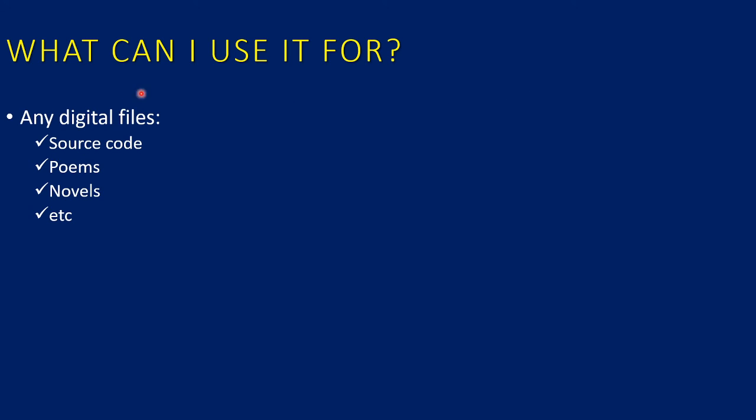You can use Git and GitHub to manage and store any form of digital files. This may include source code, poems, novels, etc. Anything that is in digital form, you can use Git and GitHub to control the version, monitor the changes you're making, and then store it in GitHub.